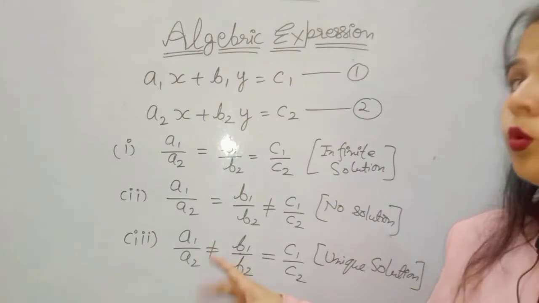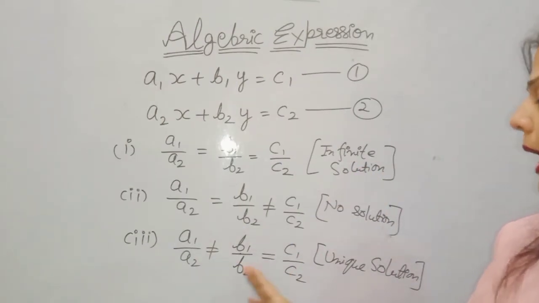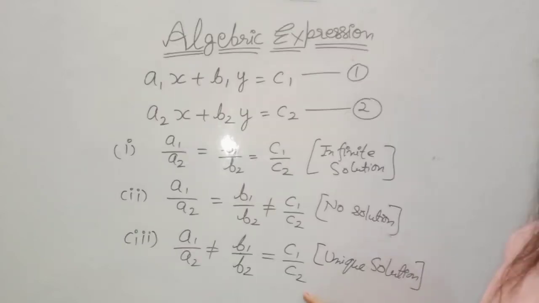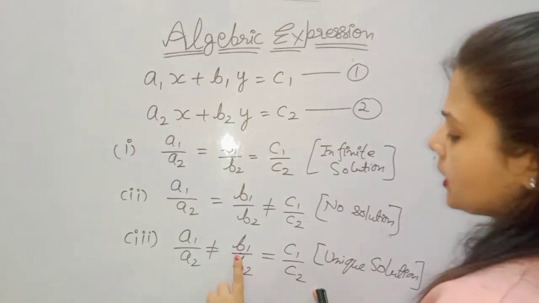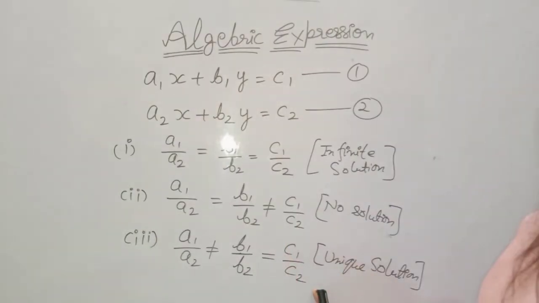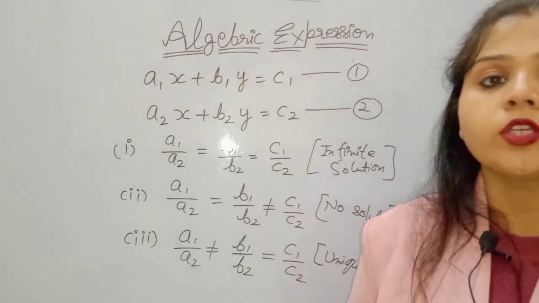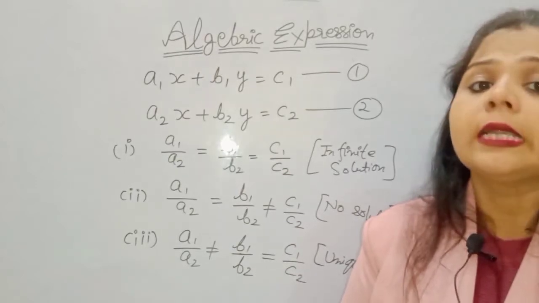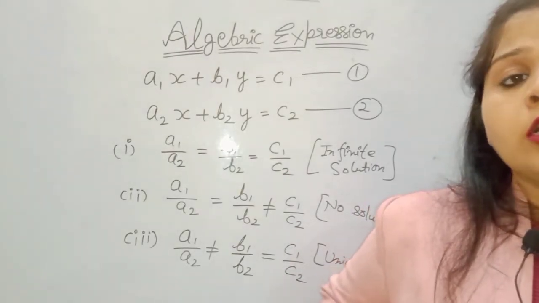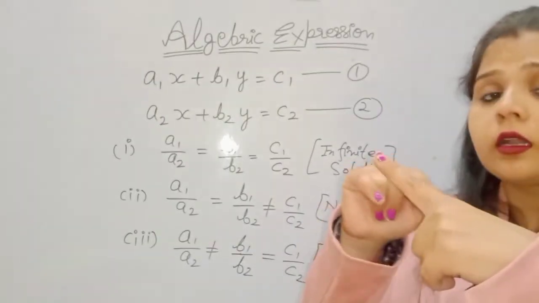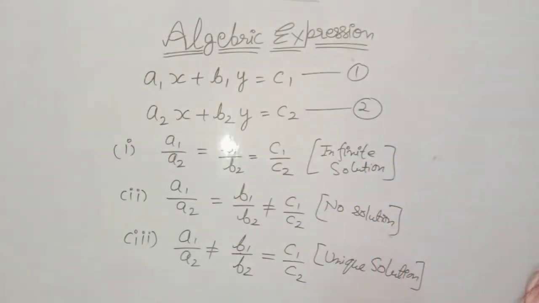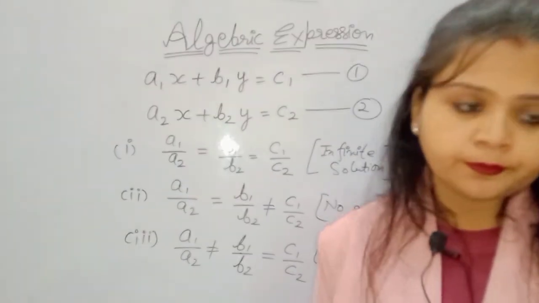When a1/a2 is not equal to b1/b2, that is, these two ratios are not equal, in this condition we can say that the linear equations have a unique solution. They are intersecting each other at a unique point, so they have a unique solution. This is clear?